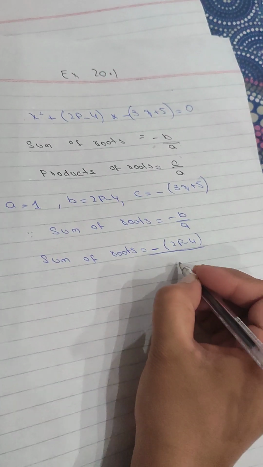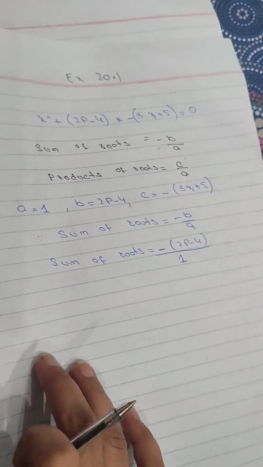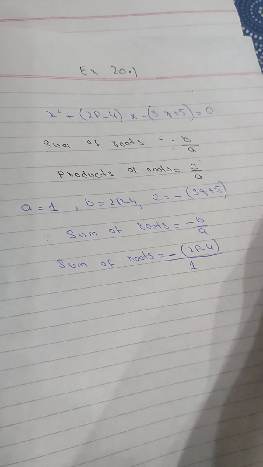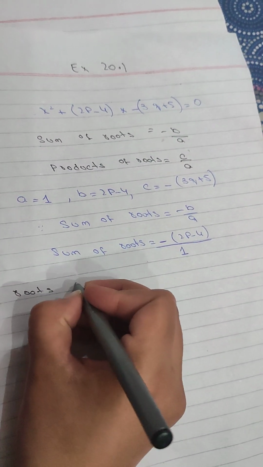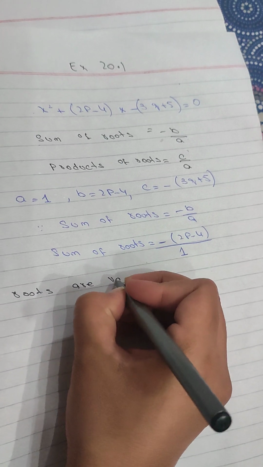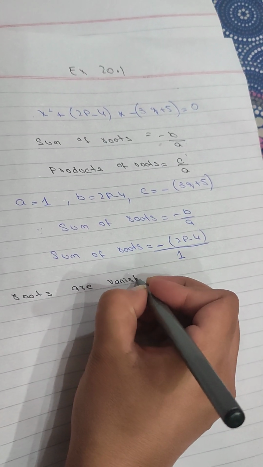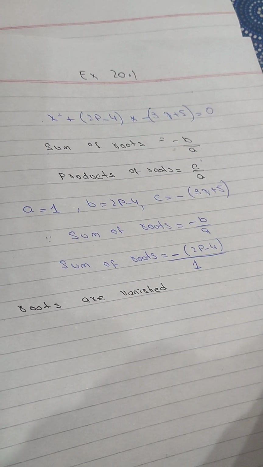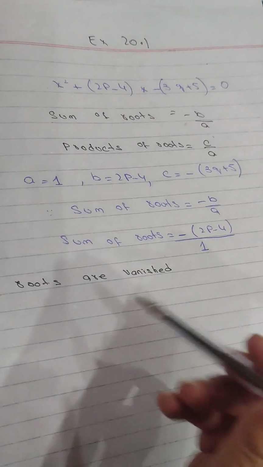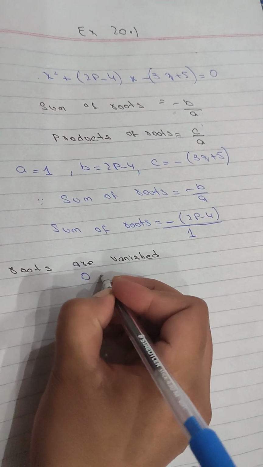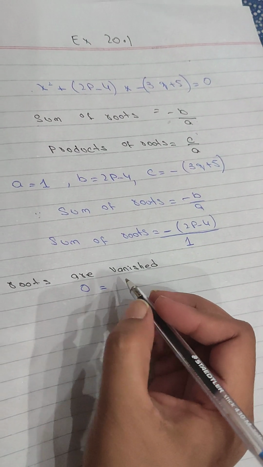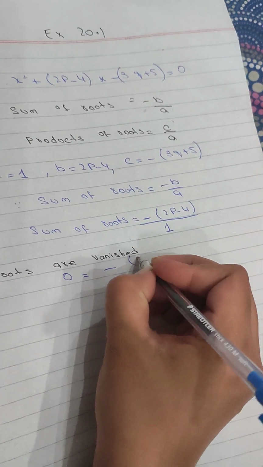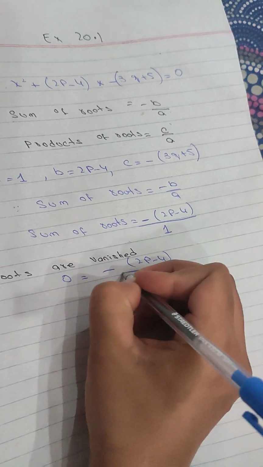It is given that the roots are vanished, so it means roots are 0. Sum of roots is equal to 0. So we write 0 equals minus 2p minus 4 upon 1.